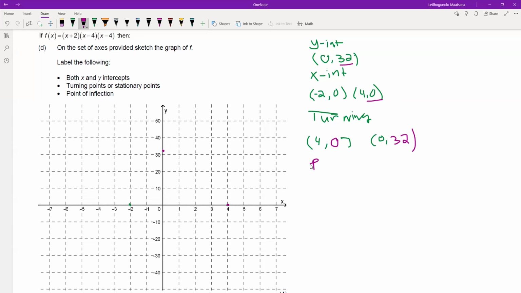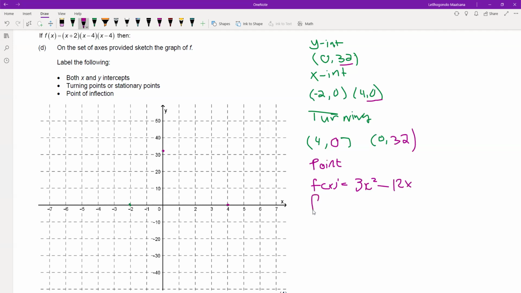For the point of inflection, this is where your second derivative is equal to 0. So your first derivative, f'(x), is equal to, if I can remember clearly, 3x squared minus 12x.